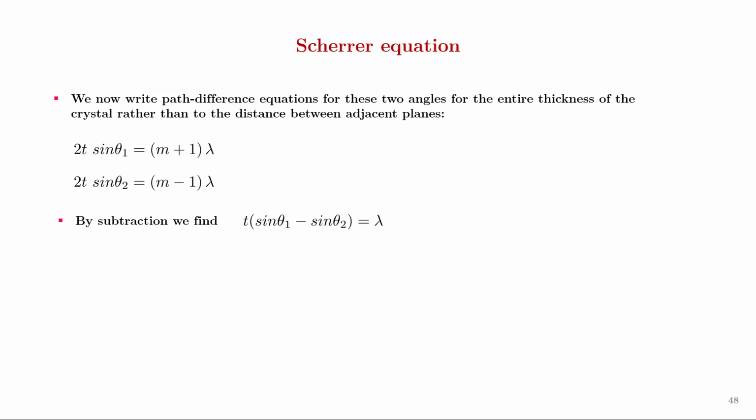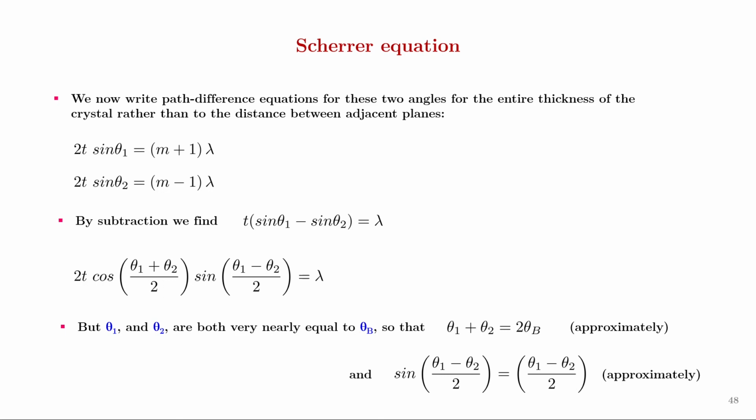By subtraction, we find t times sine theta 1 minus sine theta 2 equal to lambda. Or, using the relation for sine A minus sine B, we can write 2t cos of theta 1 plus theta 2 divided by 2, times sine of theta 1 minus theta 2 divided by 2, equal to lambda.